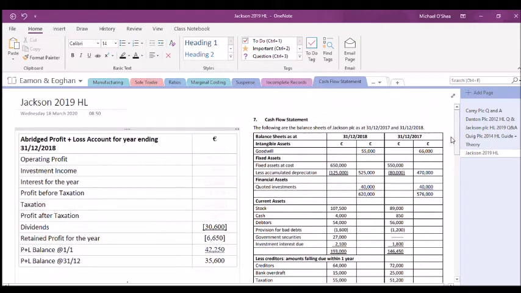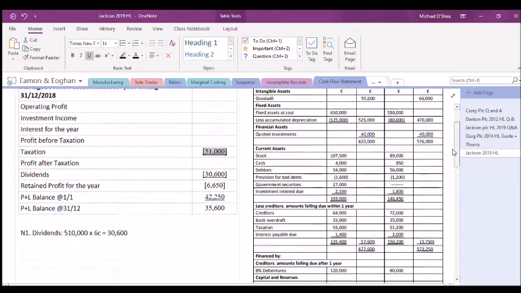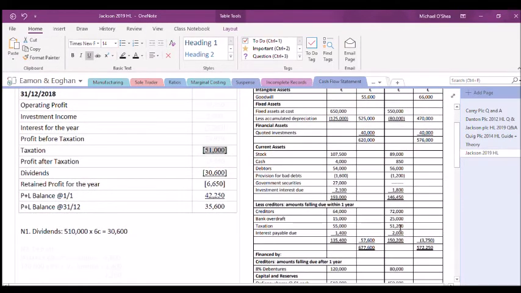So my tax charged was 51,000. Therefore, this is 51,000, and I don't have to do anything else because I'm only looking for what was my charge for the year, how much belongs to this year. Well, 51,000 belongs to this year, so I don't necessarily have to care about what happened at the beginning and the end of the year because I know how much it was this year.